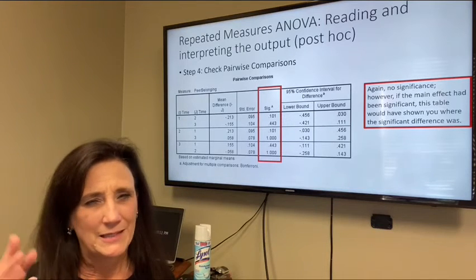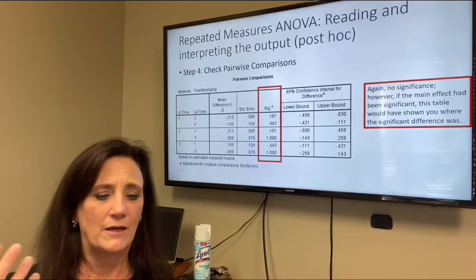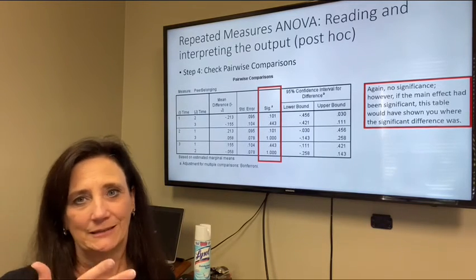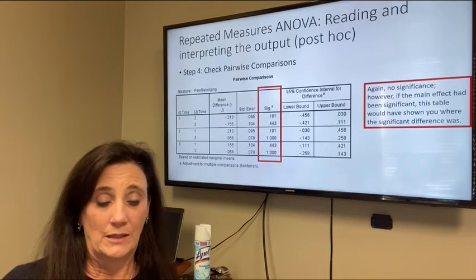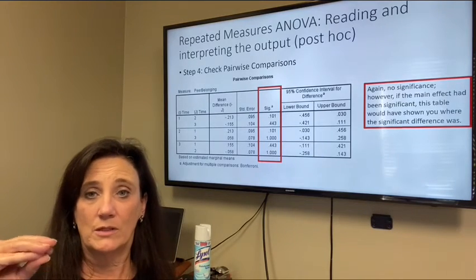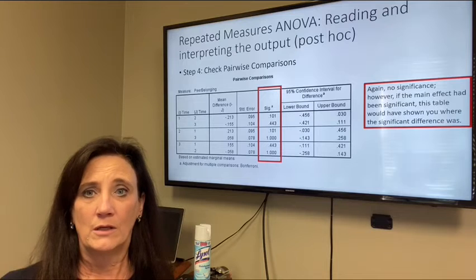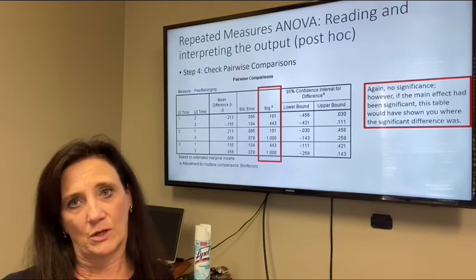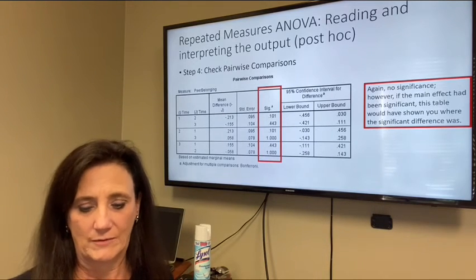But sometimes that just barely significant isn't really significant enough to make a difference. And unfortunately, at that point, you have to report that even though the omnibus test showed significance among the groups, once the pairwise comparisons were run, there were no significant differences between time points, or between conditions if you have a condition one.